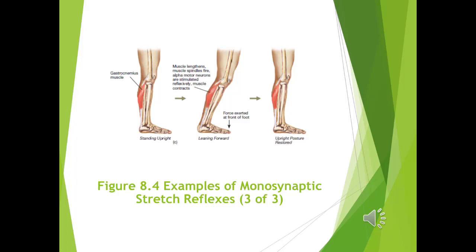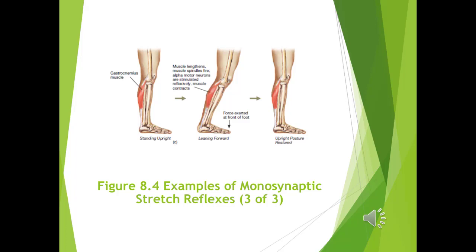The gastrocnemius muscle, the calf muscle, is exposed and labeled. In the second image, the person leans forward. The large calf muscle lengthens. Muscle spindles fire. Alpha motor neurons are stimulated reflexively, and the muscle contracts, causing the calf to bend forward, exerting force at the front of the foot.